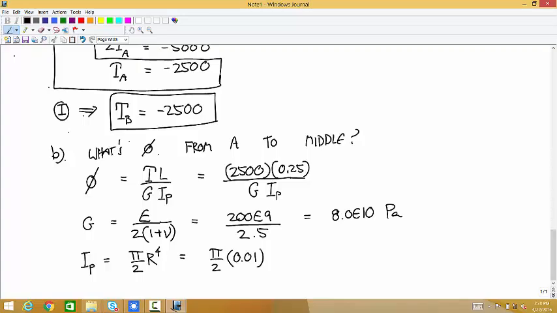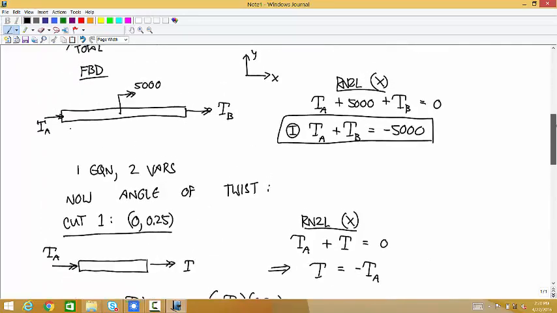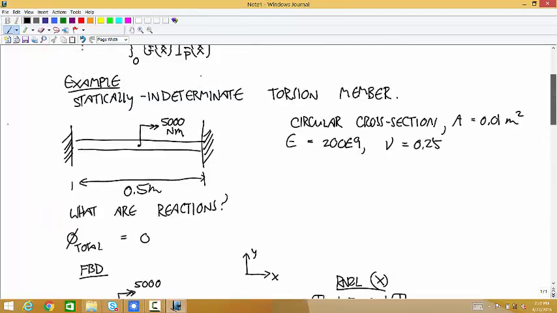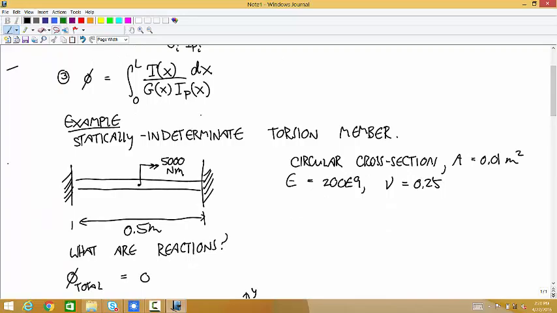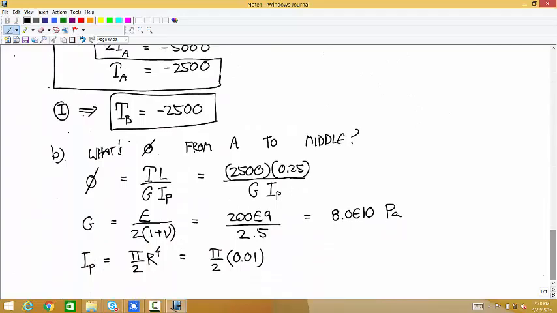Oh, that should have said radius. So the radius is equal to 0.01 meters. Sorry about that. Thanks.